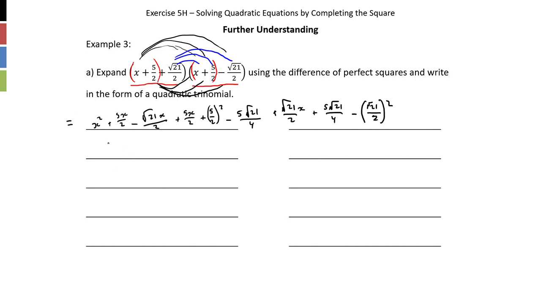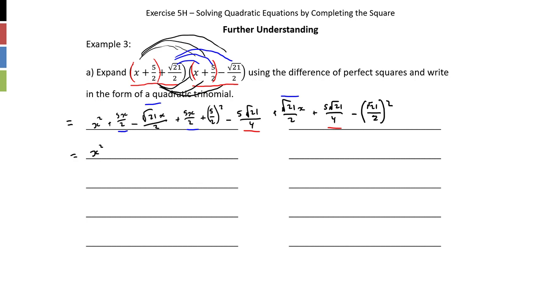Right, okay, let's group some like terms. What do I got? A 5x on 2. We'll go with that for now. Try and do everything in one step.